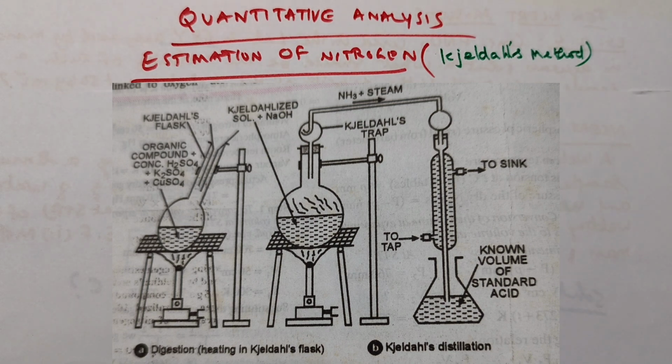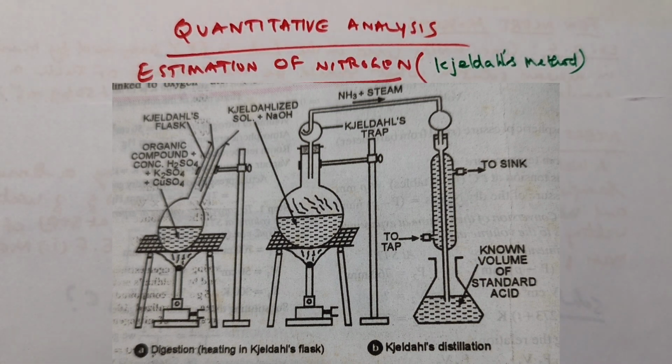This is converted to ammonium sulfate. Then this ammonium sulfate is carefully transferred to another round bottom flask, as shown in the figure, and to that we add sodium hydroxide base.